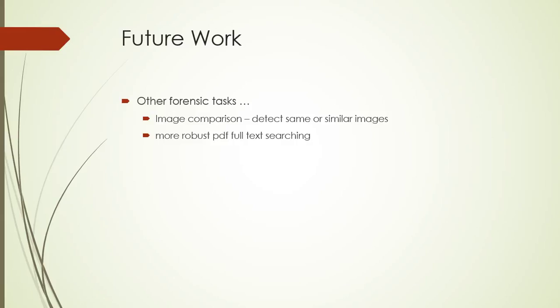This also ties in with copyright infringement or any forensic tags where you need to search for a particular set of images. Also, I would like to introduce a more robust PDF full text search capability, as the one used now is very process intensive.